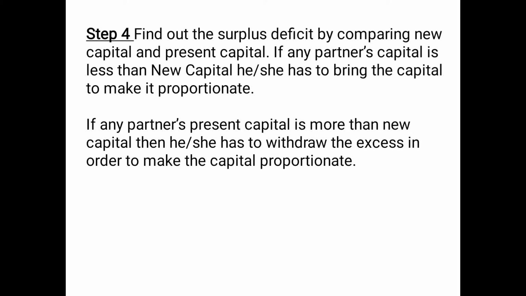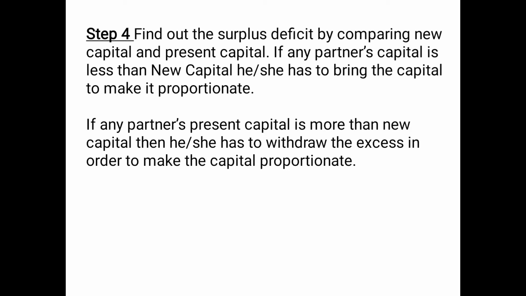And sometimes the question asks you, rather than withdrawing or introducing the money in bank or cash, the excess or surplus might be transferred to their current account. So if the partner is having more of existing capital and if he wants to withdraw, rather than withdrawing it in cash, the amount can be transferred to the credit of his current account, which will be shown on the liability side of the new balance sheet.